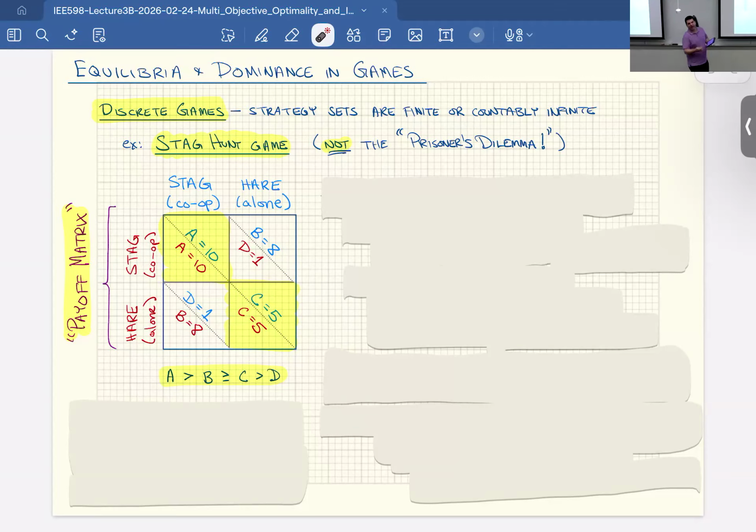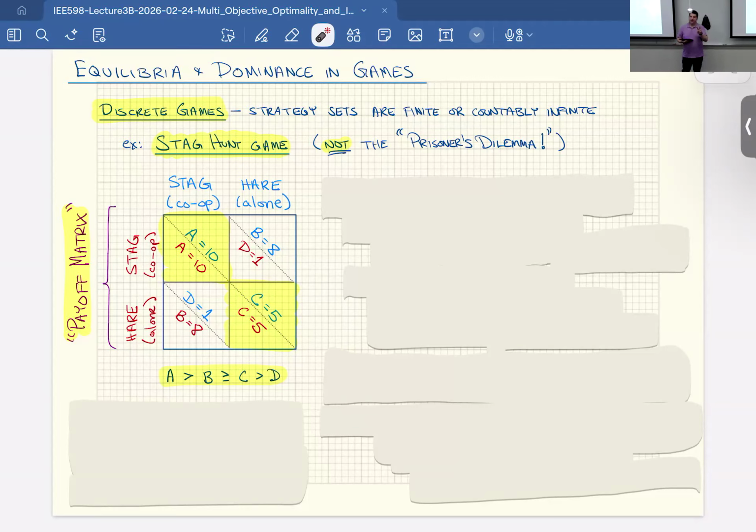So in a Stag Hunt, we have two players, and you can think of them as hunters. They can each decide to either cooperate and play stag. In the hunting narrative, there is a giant ungulate out there, a moose, a deer, a giant animal that one hunter cannot kill or cannot find and secure by themselves.